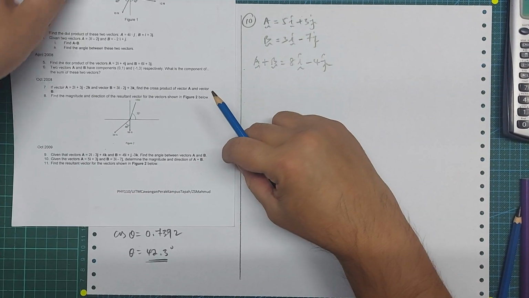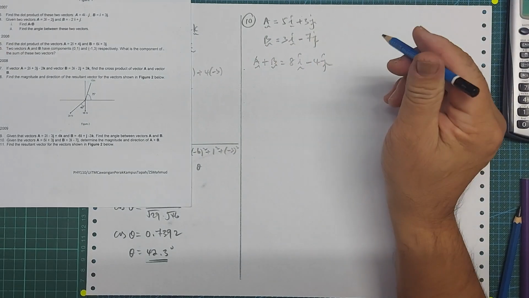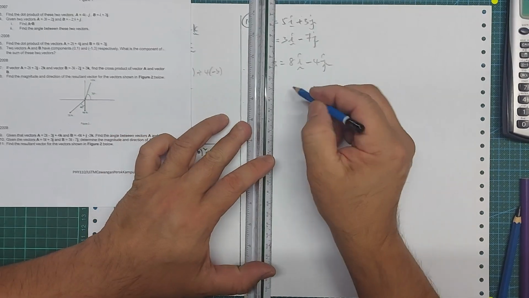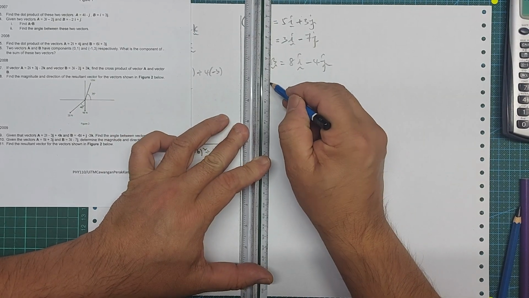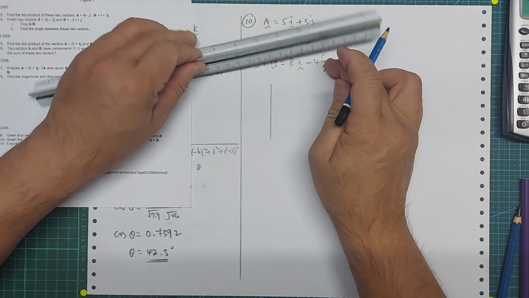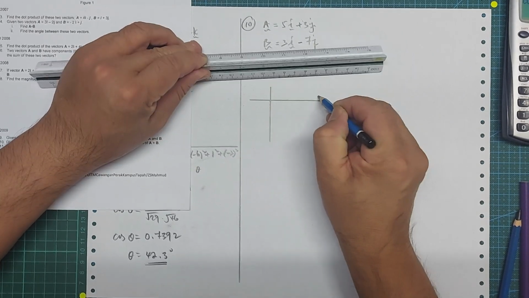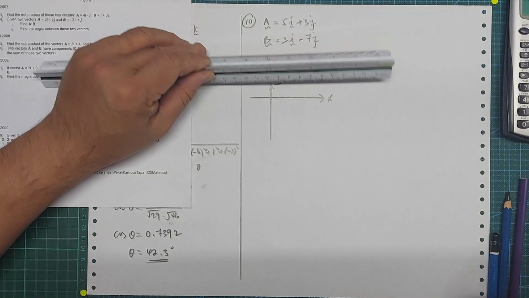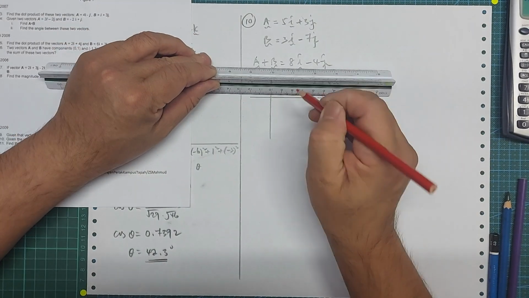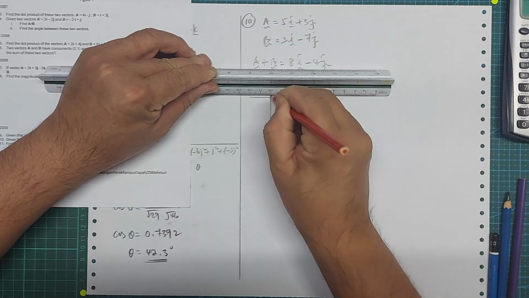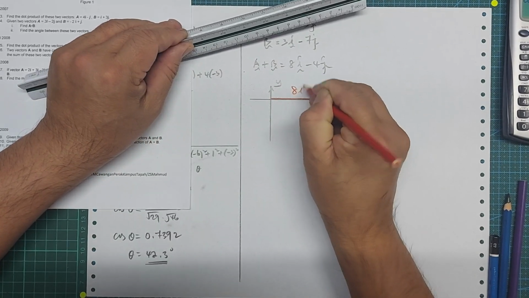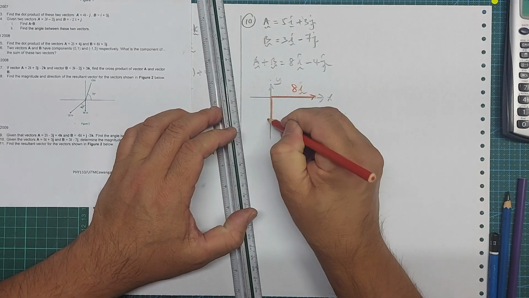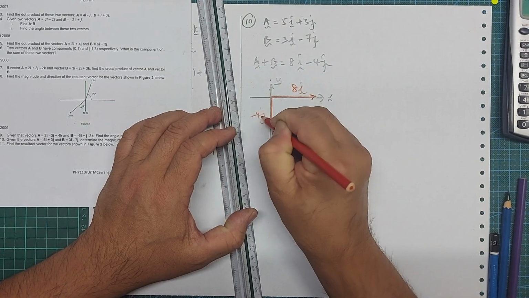So to determine the magnitude and direction, our A plus B vector becomes 8i minus 4j. That is the summation of the two vectors. Now we have to use a diagram to help us solve the problem a little bit. So 8i is in this direction, and then minus 4 down here, so this is minus 4j.